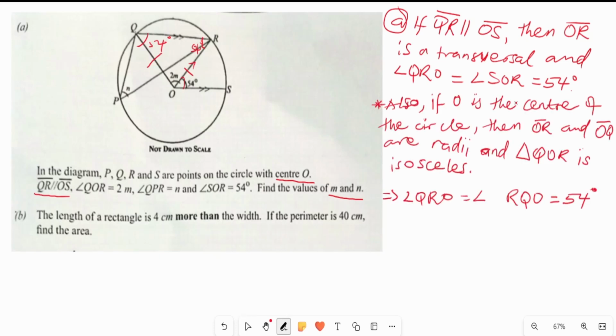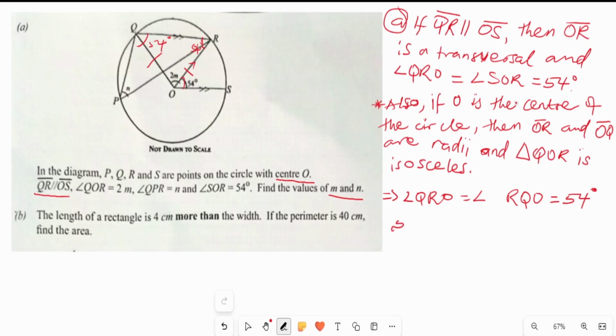Now we are going to take the triangle QOR and use the triangle sum theorem, which says that the sum of interior angles in a triangle equals 180 degrees. So that implies that this angle plus this angle plus this angle should be equal to 180 degrees, right? So that is just what I'm going to do.